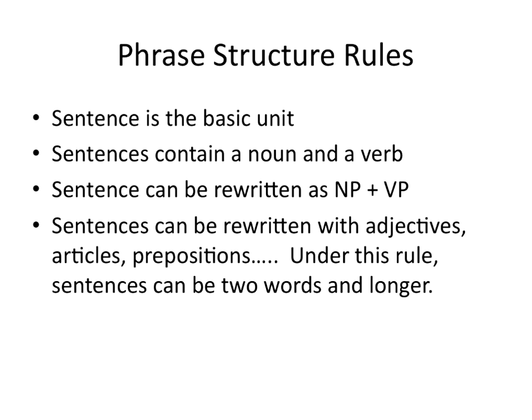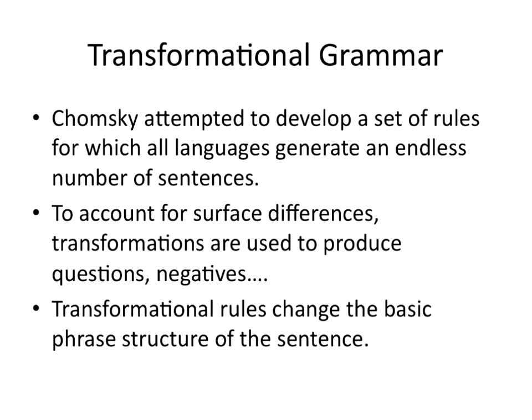So even though you have a set number of rules, you can create many, many sentences because you have these adjectives and articles and prepositions and adverbs that you can add. Under this rule, sentences can be 2 words and longer. I sum this up in a very basic way. There are other rules as well, but this gives you enough information for this class. Chomsky has written thick books.